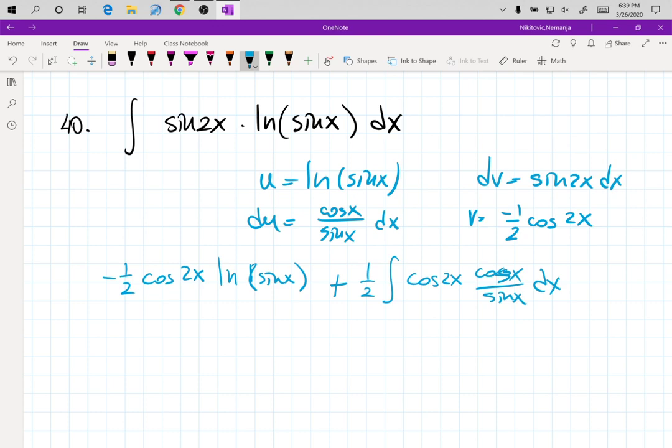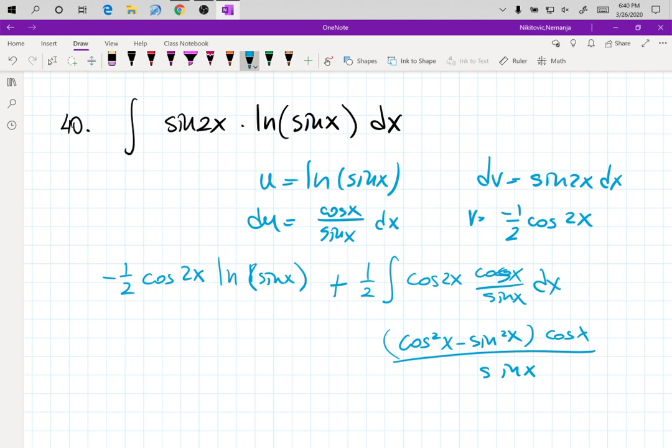The cosine 2x over here can be written as cosine squared minus sine squared. It's making it messy. Cosine squared x minus sine squared x times another cosine x divided by sine x.